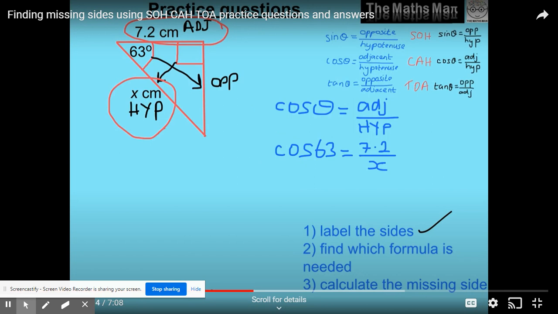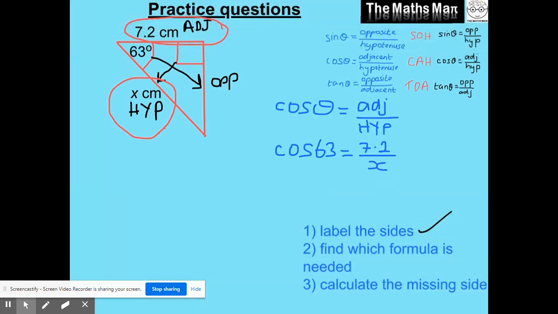So x is in the denominator. We're going to multiply then both sides by x. And we end up with x cosine of 63 equals 7.2.